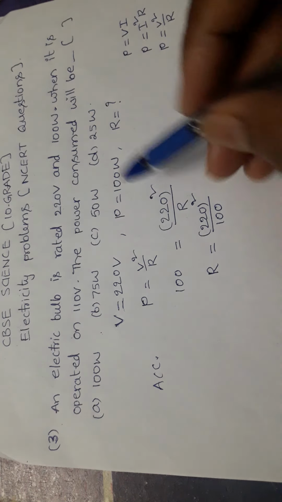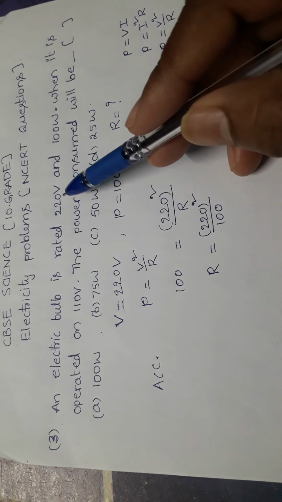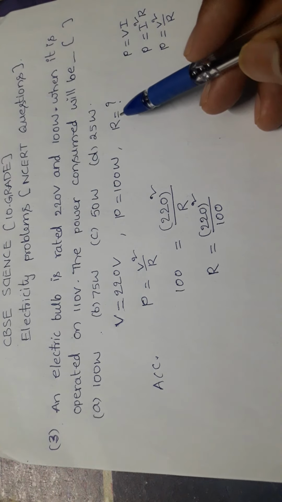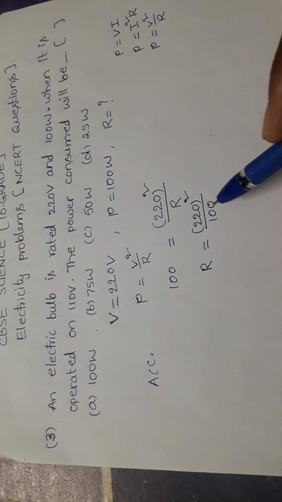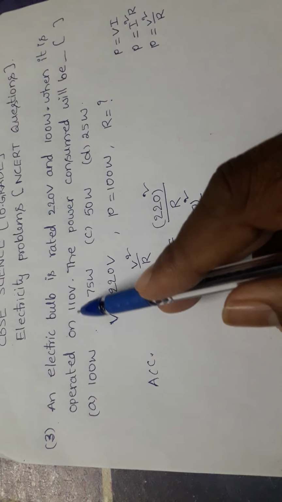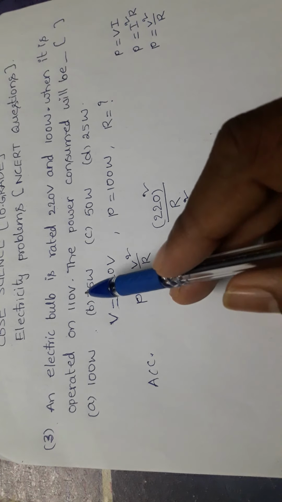So the first part is completed actually. I mean R is also found. Voltage, power and resistance you will find. But here it is asking what happens when it is operated on 110 volts.